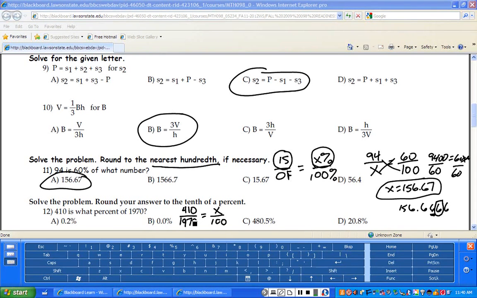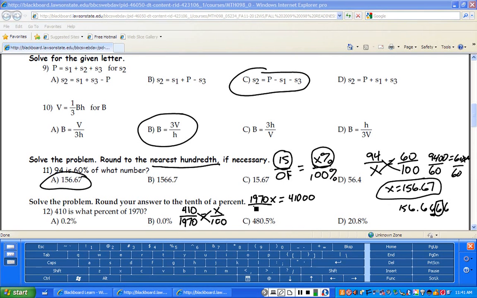There's your setup. You'd cross multiply, and when you did that, you'd have 1970x equal to 410 times 100, so 41,000.